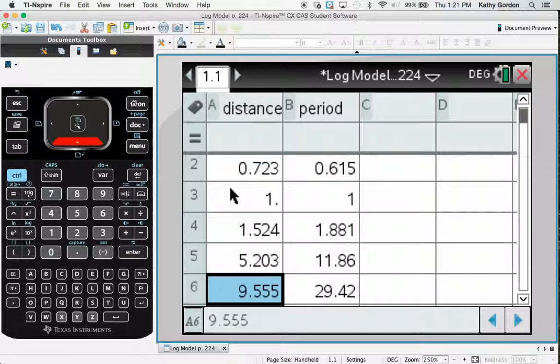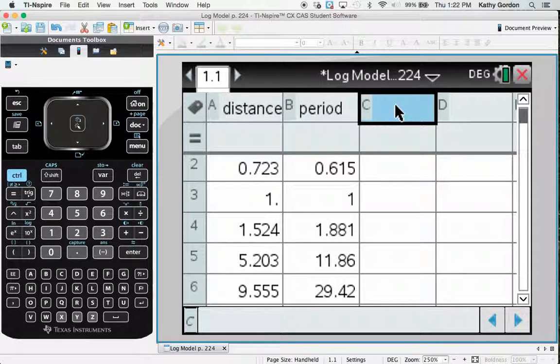Okay. Now, as we just said from that paragraph, we don't actually want to work with this data. We want to work with the natural logs of this data. So we need to add that to our table. In column C, we're going to have this be the natural log of the x value.